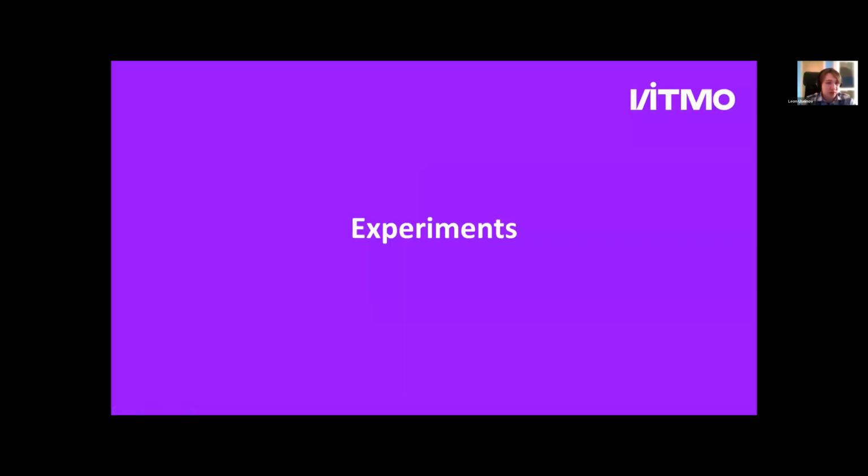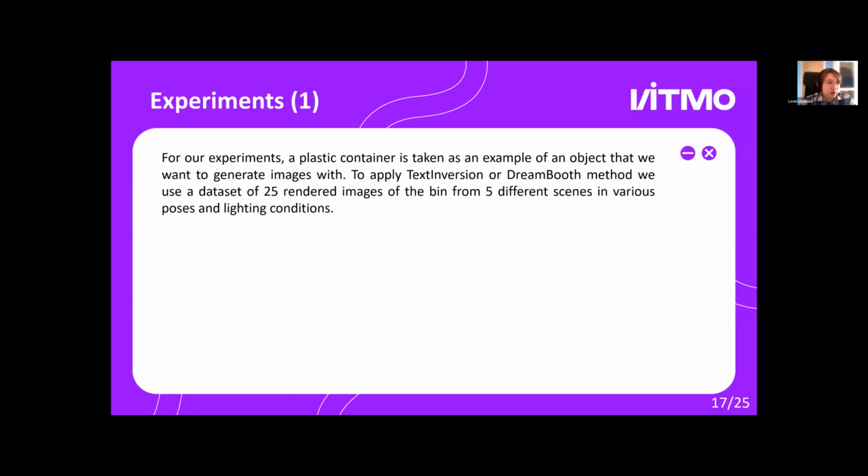So our experiments. For experiments, a plastic container is taken as an example of an object that we want to generate images with. To apply textual inversion or Dreambooth method, we use a dataset of 25 rendered images of the bin from 5 different scenes in various poses and light conditions.